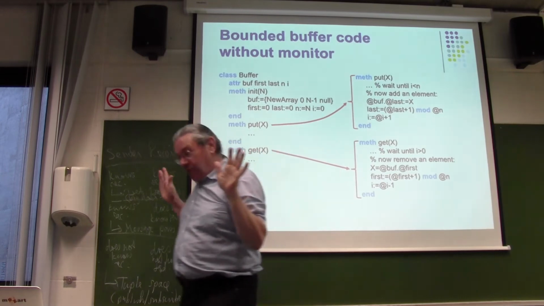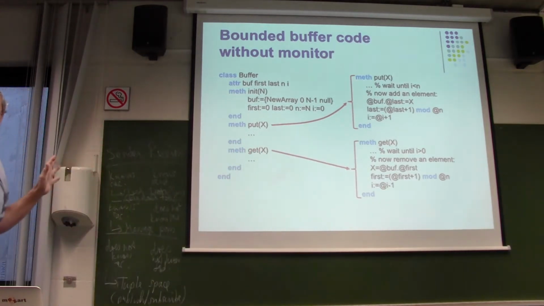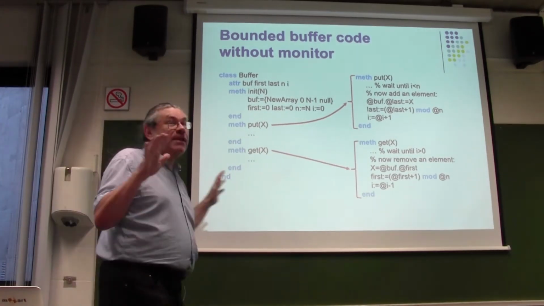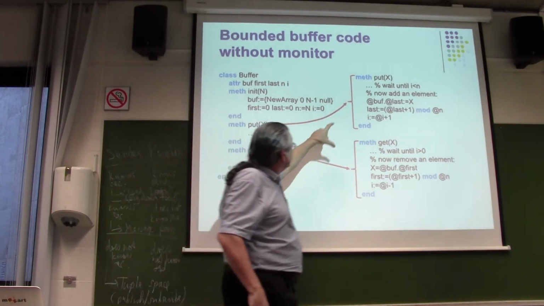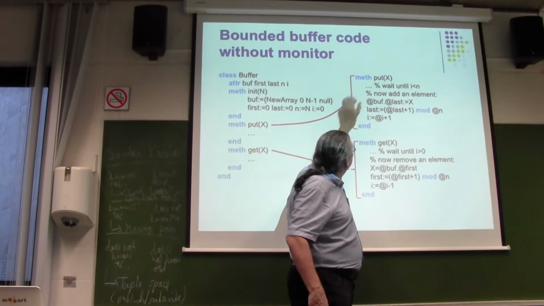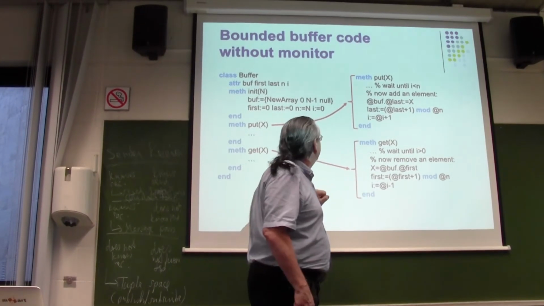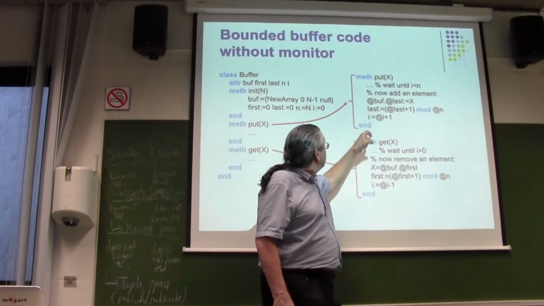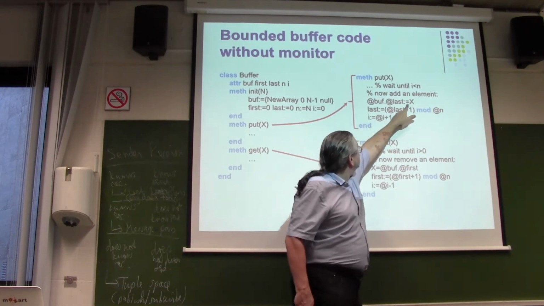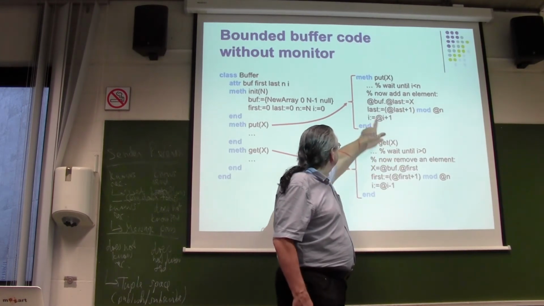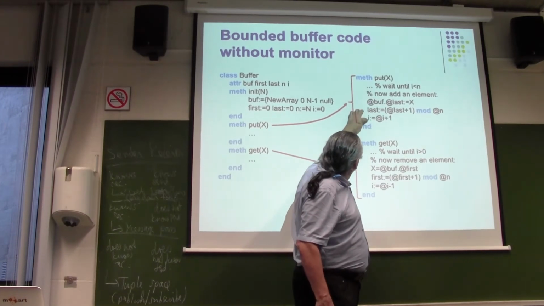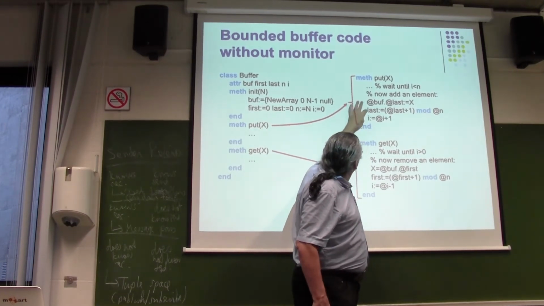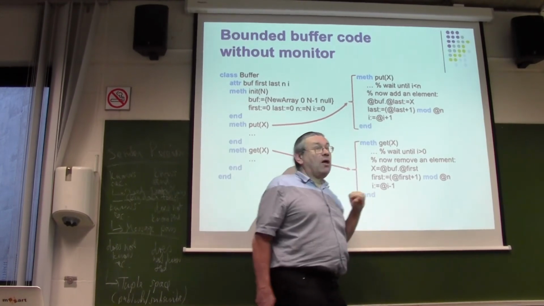So that's the code. And I'm not telling you how the waiting works here. That is going to be done by the monitor. So all of this has to be done inside the lock. Notice I'm doing multiple assignments here. This is an assignment, this is an assignment, this is an assignment. There are 3 assignments. These attributes are all cells, so all of these have to be inside the lock.